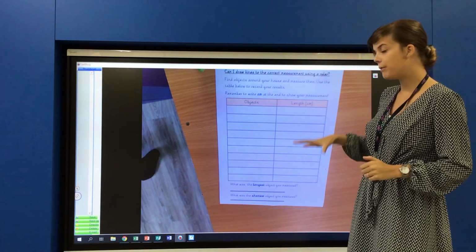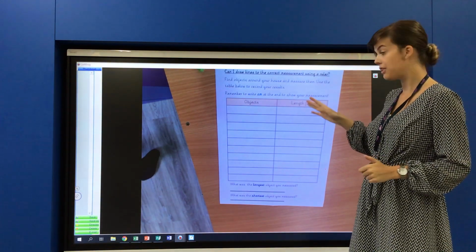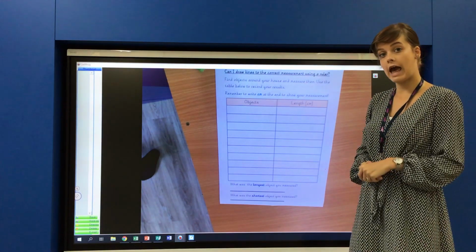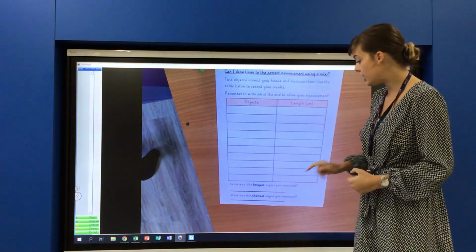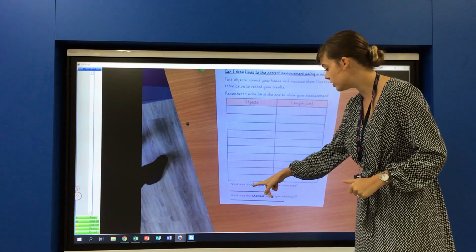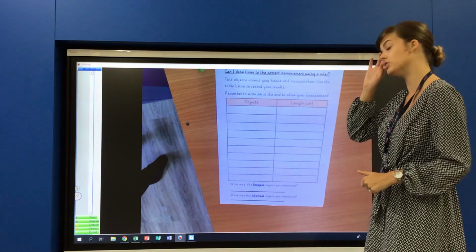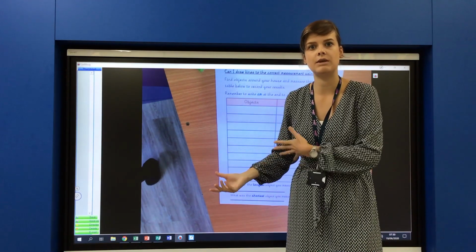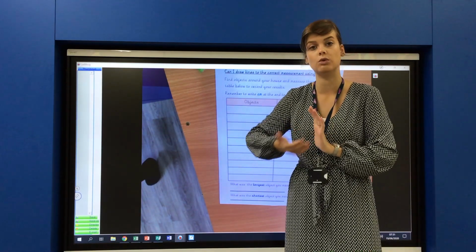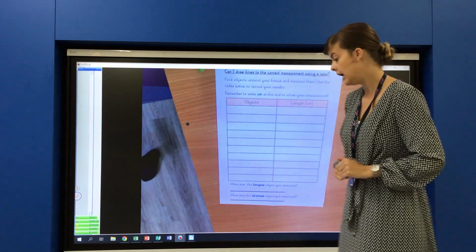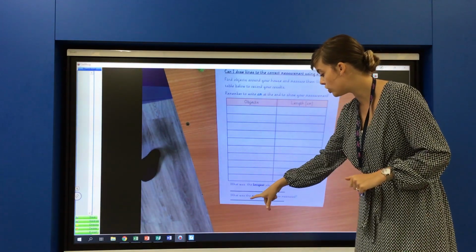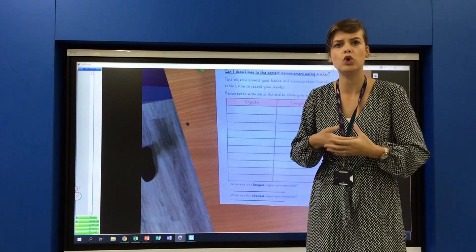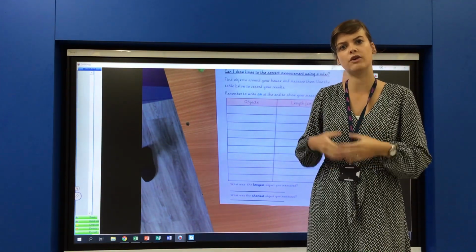And if you could measure that with your ruler and then write down the length next to it in this part of the table here, remembering your cm for your measurements. And then you've got 2 questions at the bottom, and it says, what was the longest object you measured? So with longest, we mean one that's probably a high number in centimetres. That means that it's gone more across the ruler, it's got more length to it. And your second question is, what was the shortest object you measured? So that might be one with a smaller number, because it didn't have the length of a lot of centimetres.